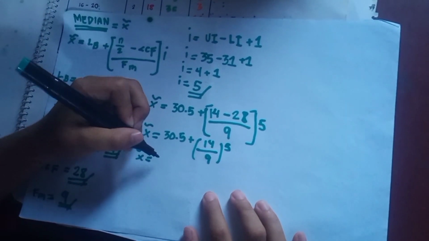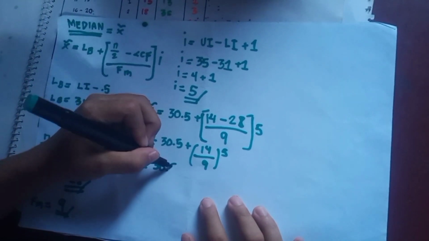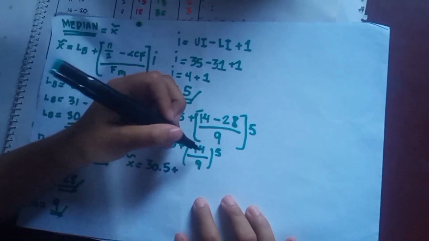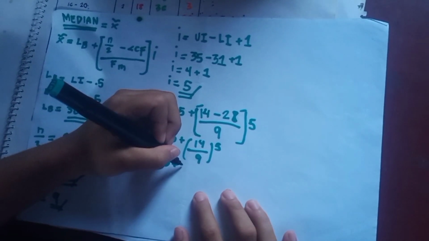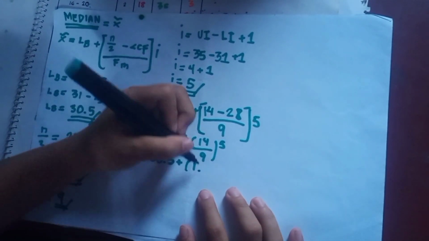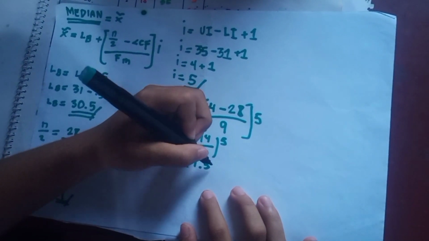And then next is bring down the 30.5 and then solve for the numbers inside the parentheses. 14 divided by 9 will be 1.56, and then bring down 5.